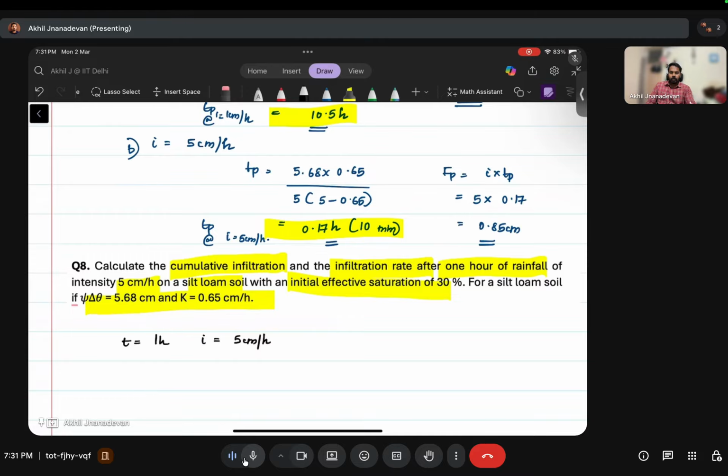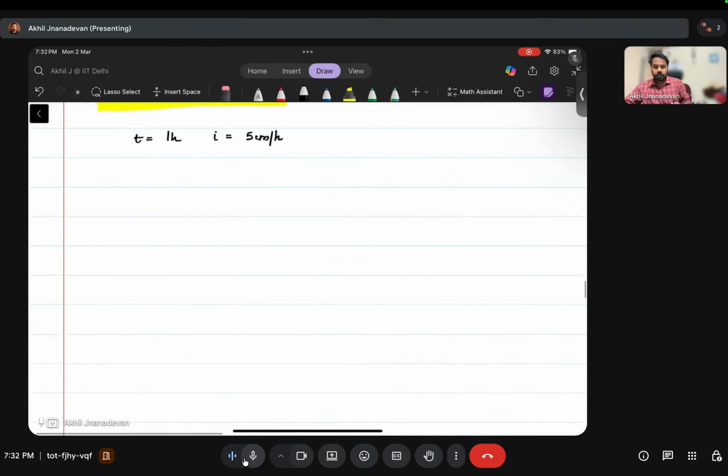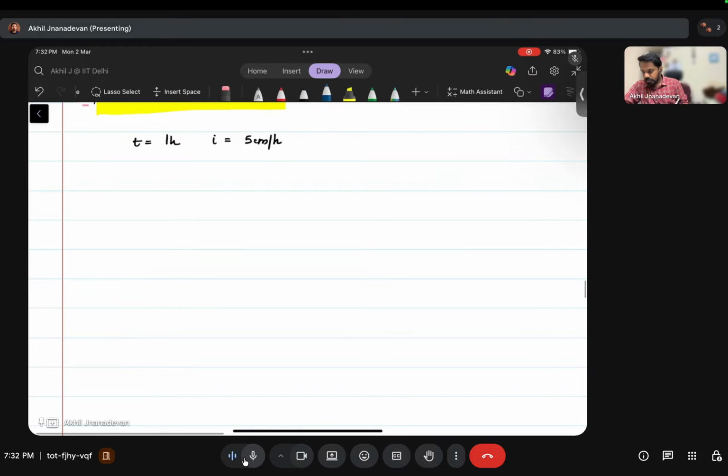So that particular equation, the infiltration depth after ponding occurs, was derived in the previous week, the week 6 lectures. We know the other terms: psi delta theta is 5.68 centimeter, and K is equal to 0.65 centimeter per hour.